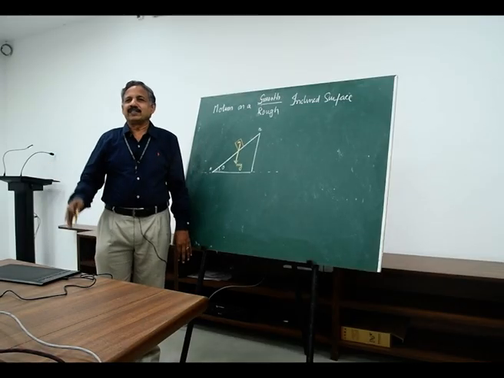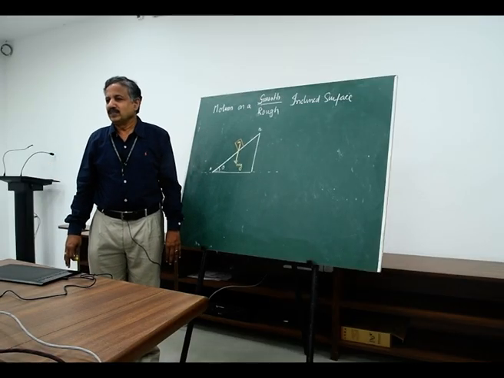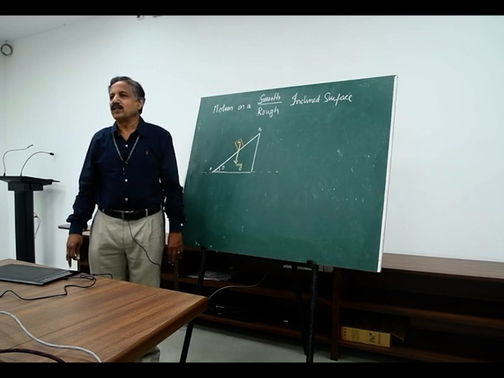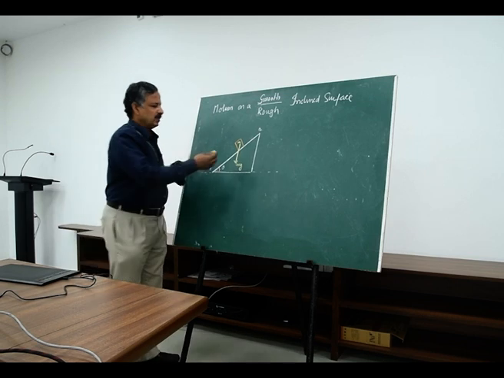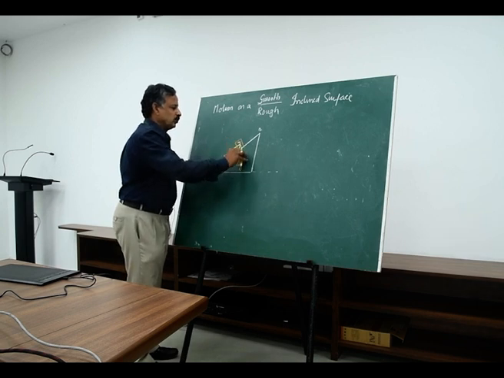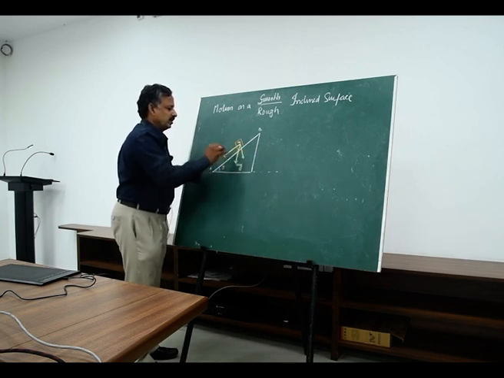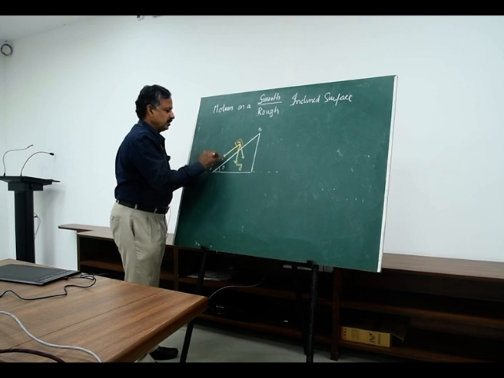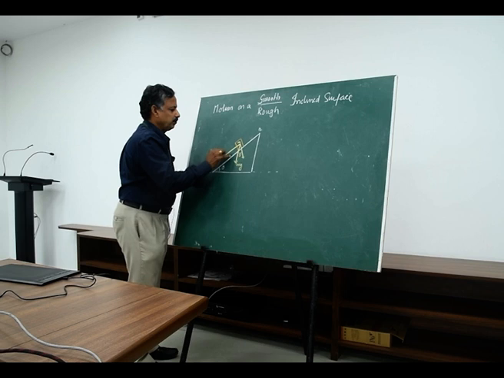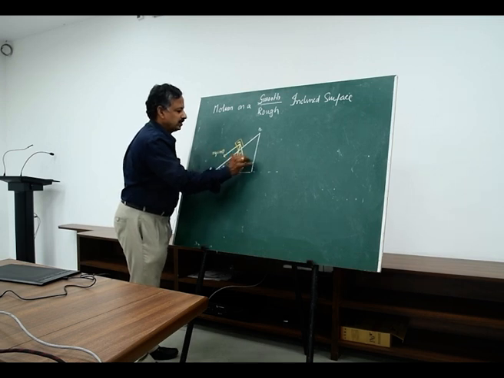Just now we have seen the vectors using a zoom board. I have analyzed how the vectors are getting resolved, how exactly motion takes place. Now we are very clear that this mg is getting resolved into 2. So basically this is mg sin theta. Of course I have to mark the angle. So this is mg sin theta and this is mg cos theta.